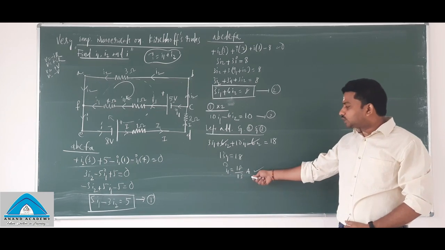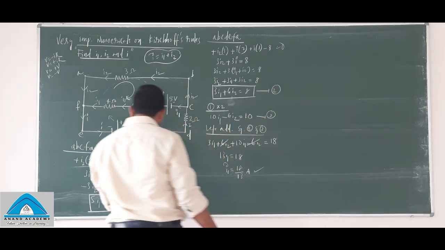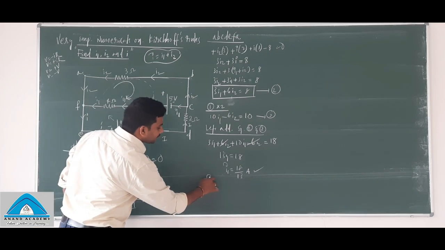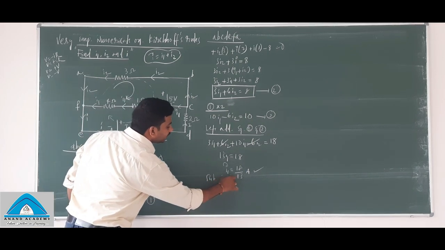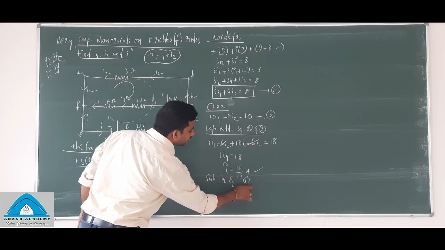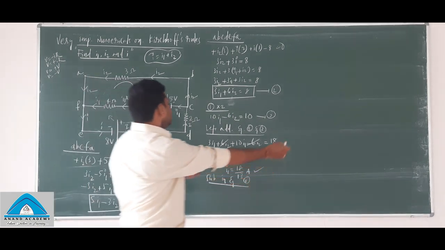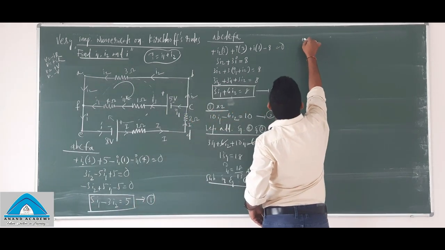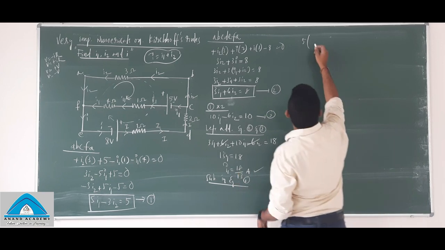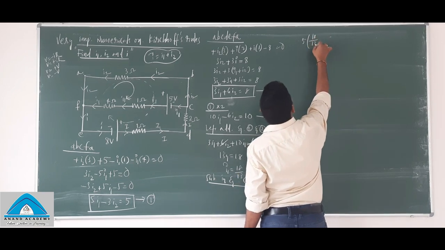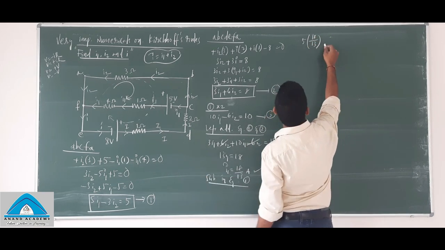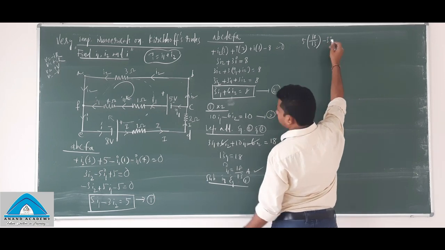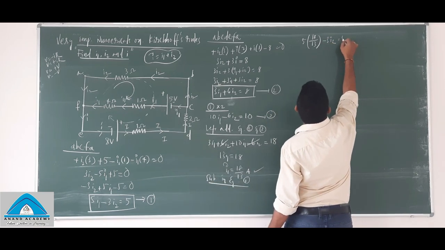And let's substitute this I1 value in equation 1. So equation 1 is what? 5 into I1, I1 is 18 by 13, minus 3I2 is equal to 5.